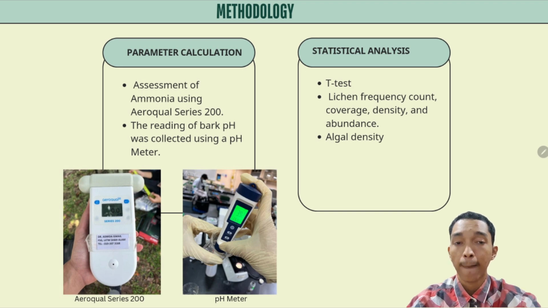The first one is Aerocoil Series 200 to monitor the ammonia level on both sites, and a pH meter was used to measure the pH level of the bark. Then the statistical analysis, which are t-test, lichen frequency count, coverage, density, and abundance, and also algal density.